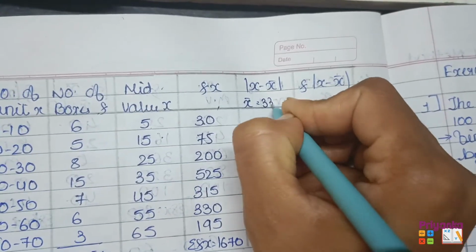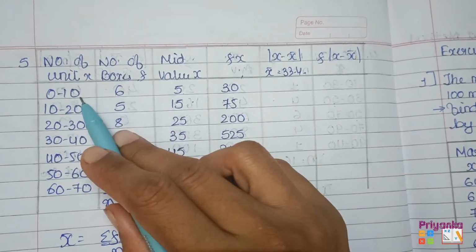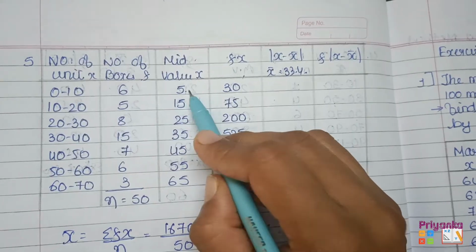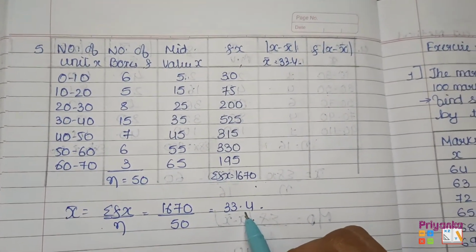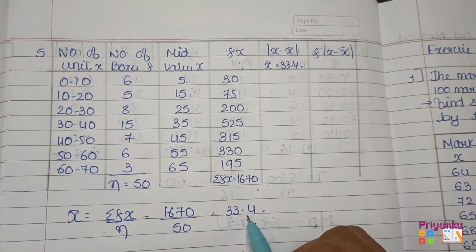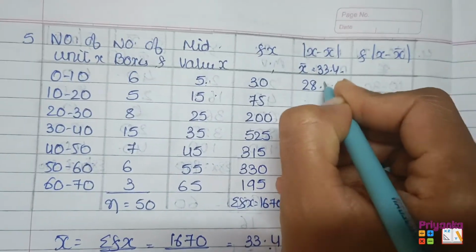So यहाँ पे भी सारे आंसर point में ही आएंगे with the decimal only, that is the x column, sorry, this x column gets minus with the x bar. 5 minus 33.4, the answer will be 28.4.